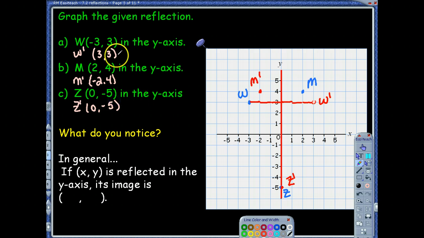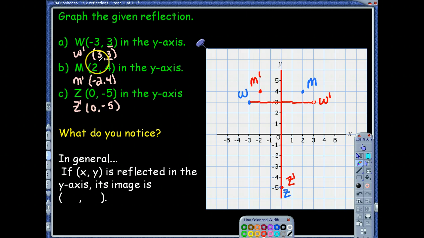All right. I want you to look at these ordered pairs. Do you notice anything looking at just the pre-image compared to the image, those ordered pairs? So I'm looking at choice A. I look at the pre-image and then the image, and I notice the Y coordinates were the same. They're both 3. Absolutely. The X coordinate in the pre-image was negative 3.